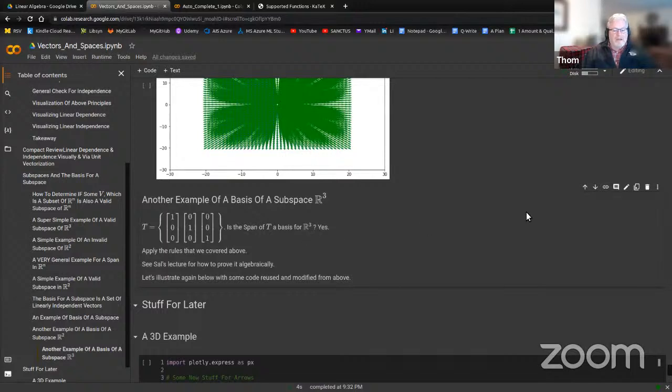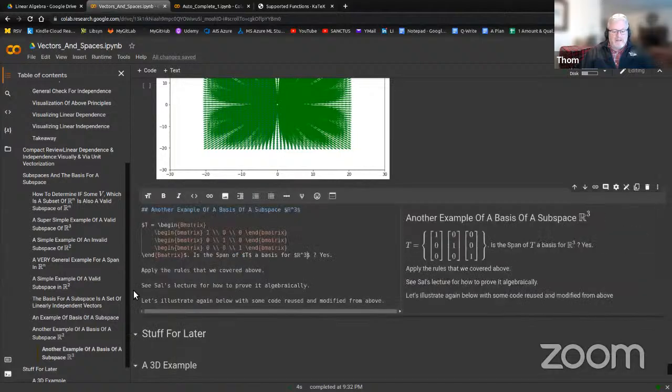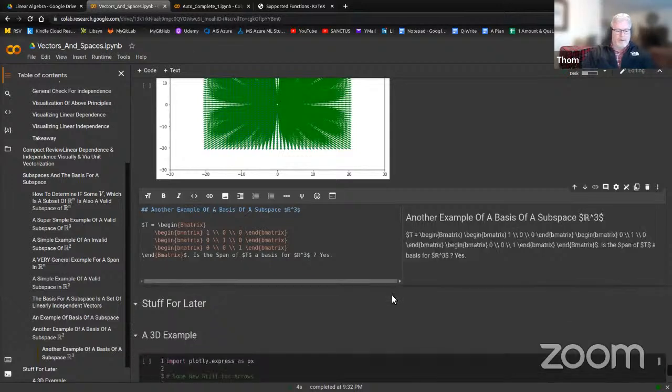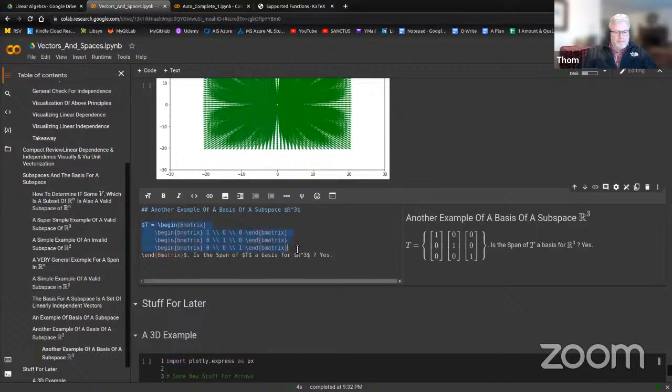So let's modify this yet a little bit more. We're going to put in a 4th vector. And I hope this just makes it super crystal clear.